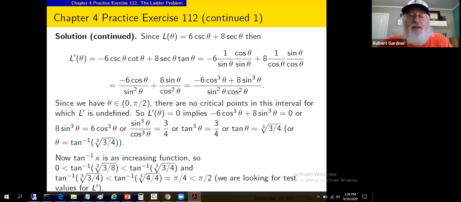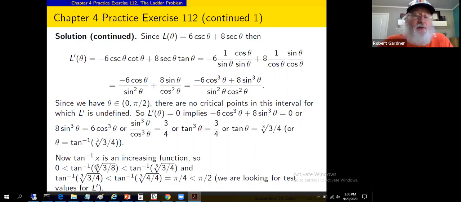Let's take something less than the cube root of 3/4. How about the cube root of 3/8? That's less. I mean, 3/8 is less than 3/4, so the cube root of 3/8 is less than the cube root of 3/4. The tangent inverse function is an increasing function, so it'll preserve those inequalities.